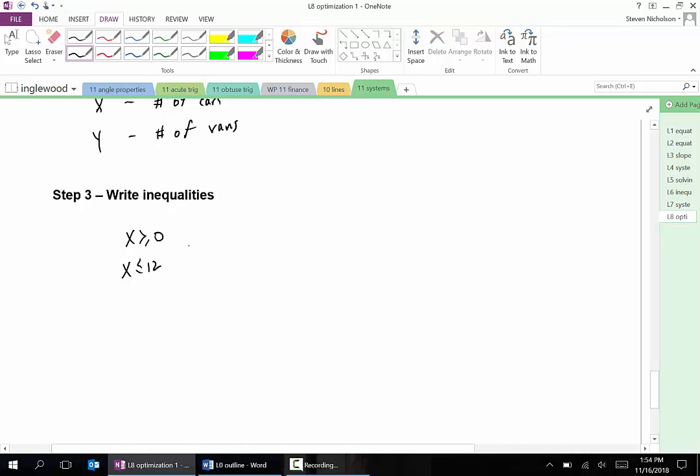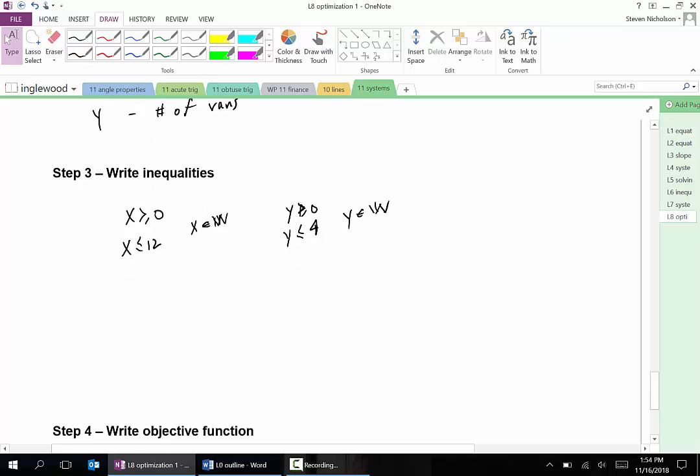And there's no such thing as 0.5 of a car, so these are going to have to be whole numbers. With the minivans, again, we have to rent at least 0, but no more than 4 are available. And it makes no sense to have negative cars.